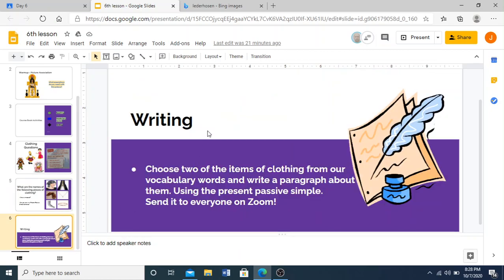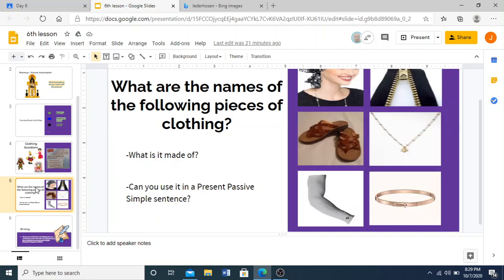And lastly, but not the least, now you are going to do some writing. Choose two of the items of clothing from our vocabulary words and write a paragraph about them using the present passive simple and send it to everyone on Zoom. What does that mean? Apart from doing the sentences that I asked you to do in the page before this one, now choose two of the items of clothing from this slide.